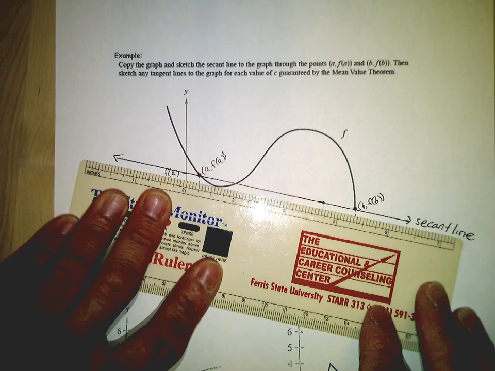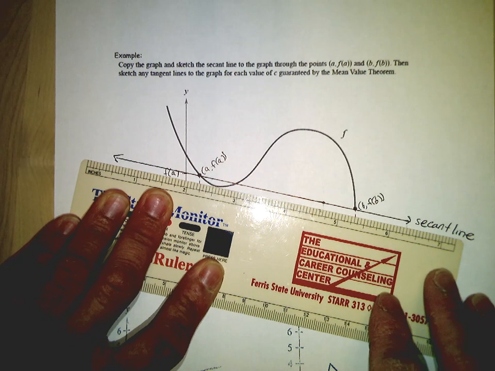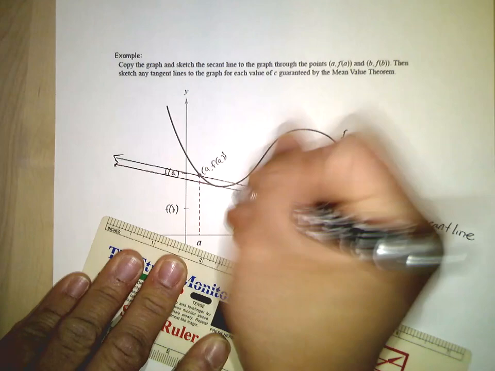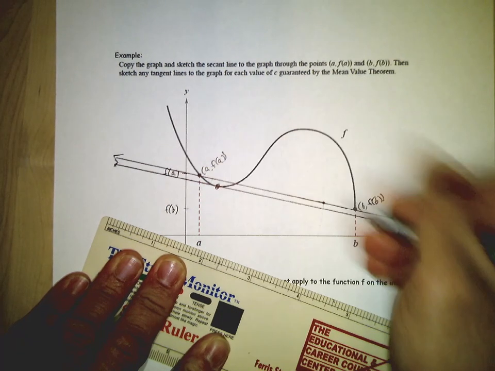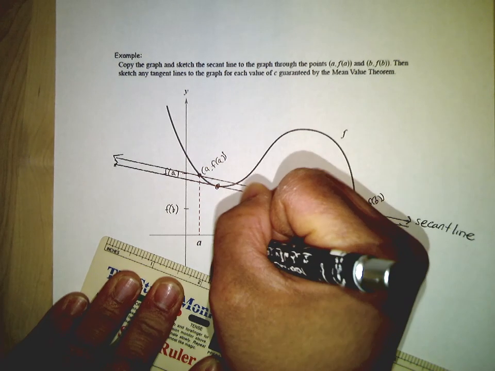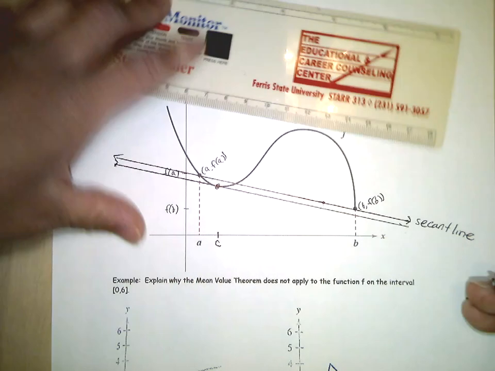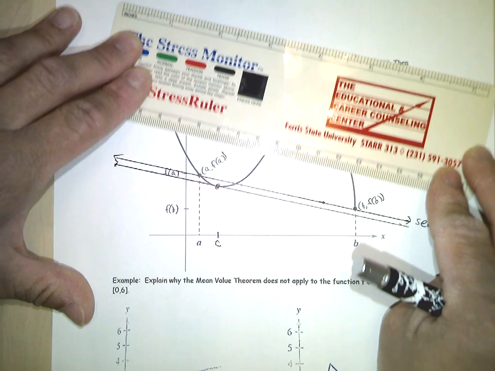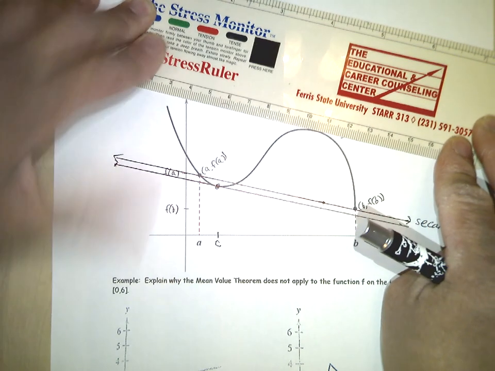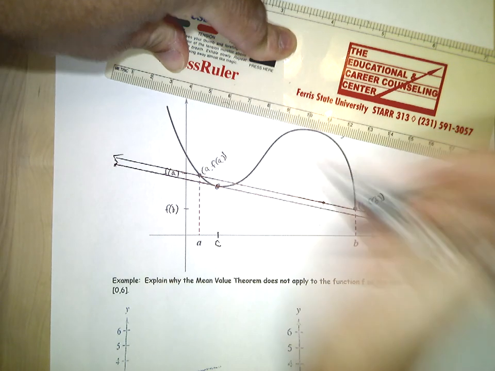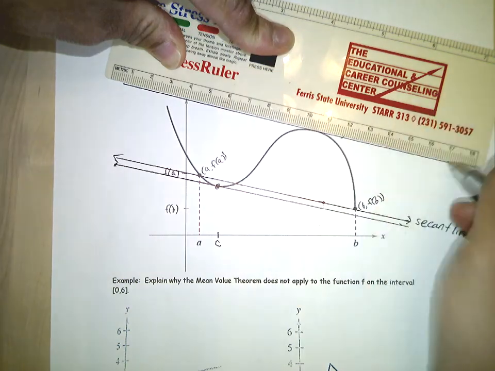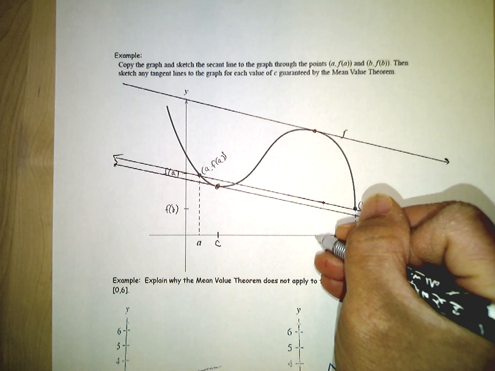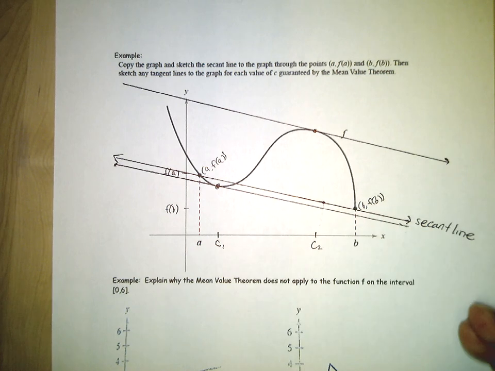So here it is. So here's one of the tangent lines, and it's right here. And so this is one of the C values. And then here is another one of them. All right, so here is another one right here. So this is, say, C1, and that could be C2.